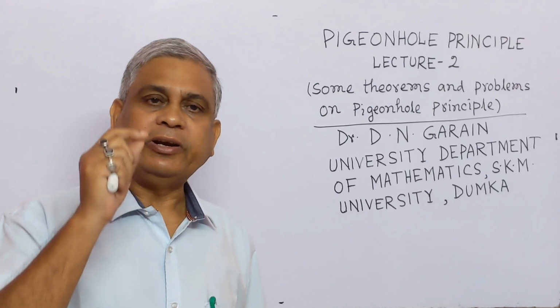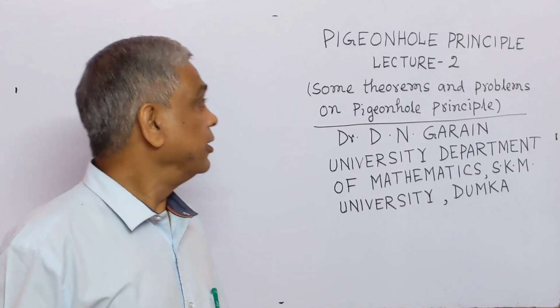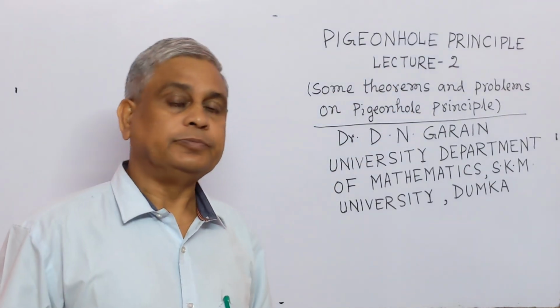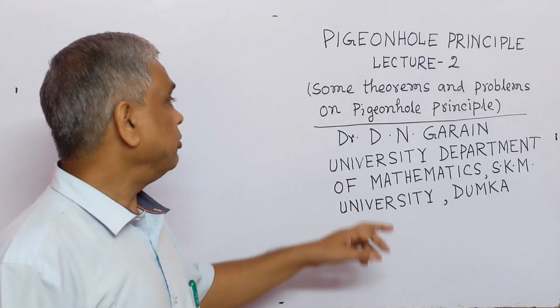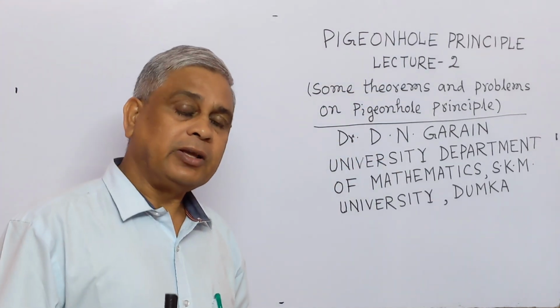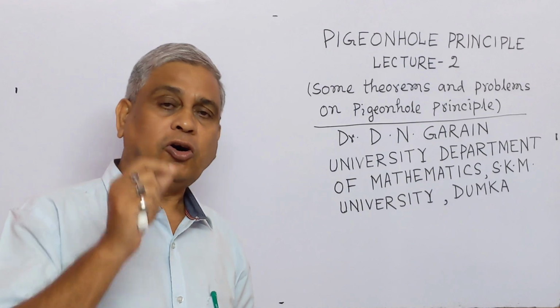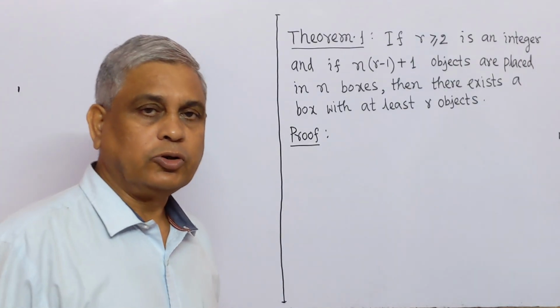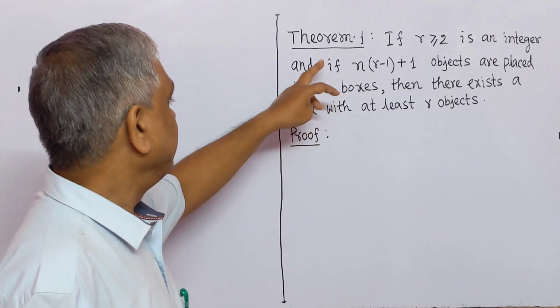Today I will deliver lecture on Pigeonhole Principle, lecture number 2, in which I will prove some theorems and solve some problems on Pigeonhole Principle. Now we prove Theorem 1.